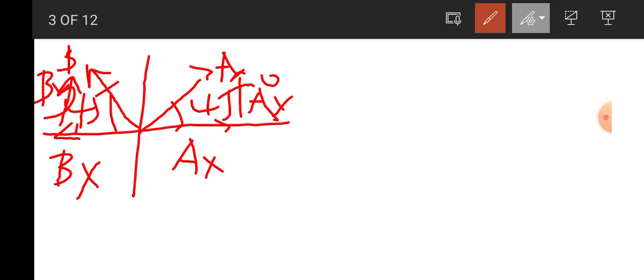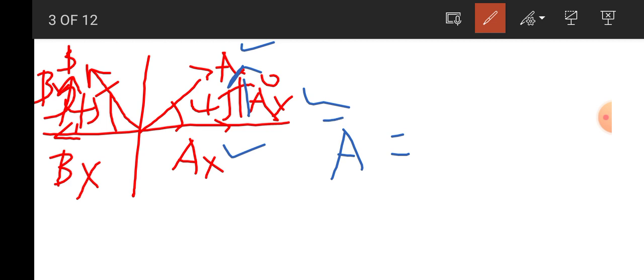This single vector, vector A, can be decomposed into A along X and A along Y, upward. Therefore vector A is equal to AX in the I direction plus AY in the J direction.